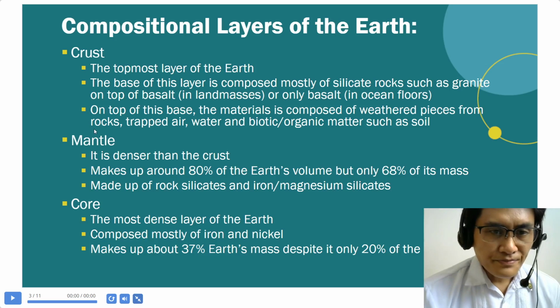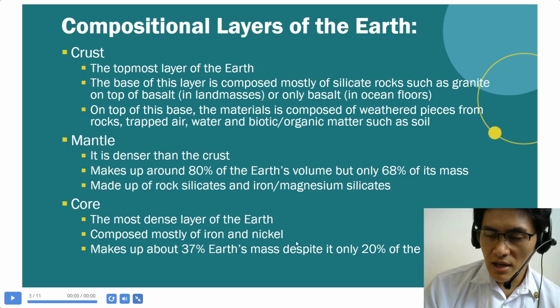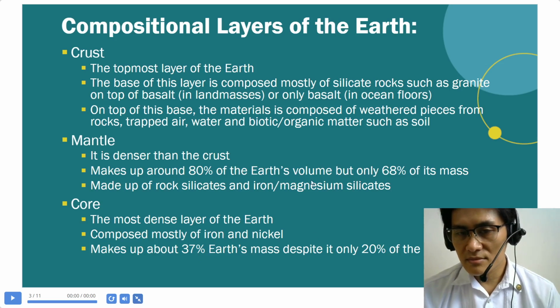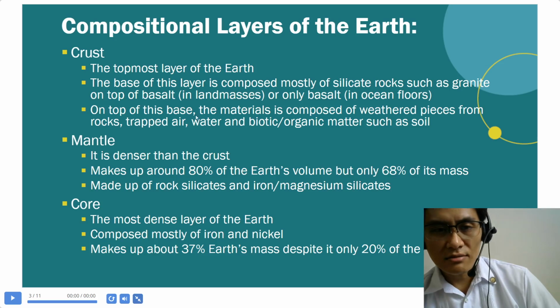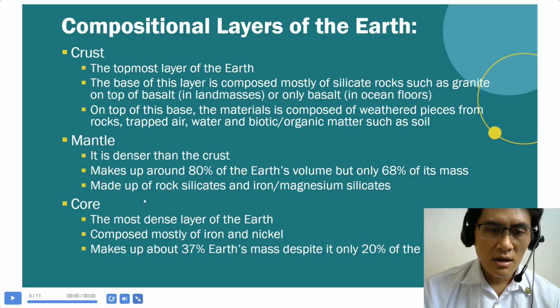Now the mantle, so if you can see the pattern here, the core has the most iron and nickel. The mantle has some iron, but it's in the form of silicates, right? And then the crust has less of that, but more silicates. So if you notice the pattern, the least amount of silicates, more silicates, the most amount of silicates.